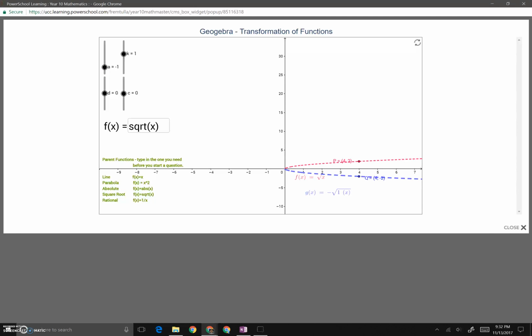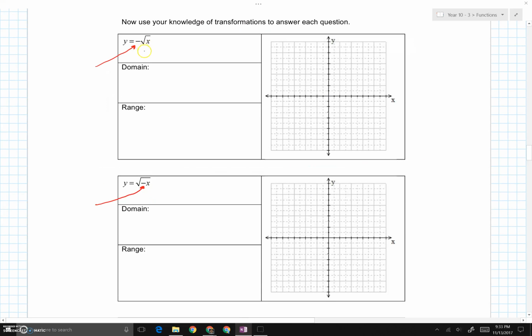The original, again, is in the red, and my transformed function is in the blue. So you should see that it has been reflected in the x-axis. Well, does that make sense here? Yes, it makes sense because it's been reflected in the x-axis, so all the y values have changed.